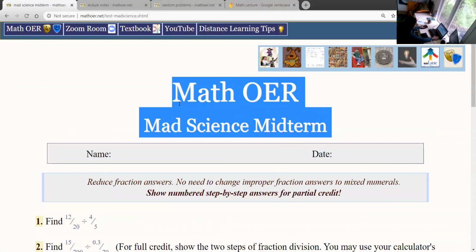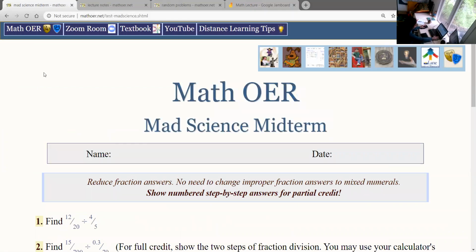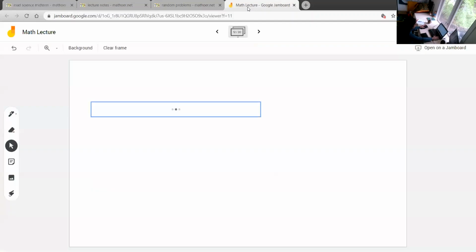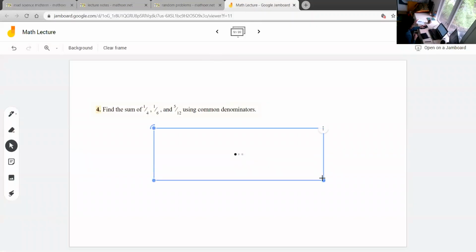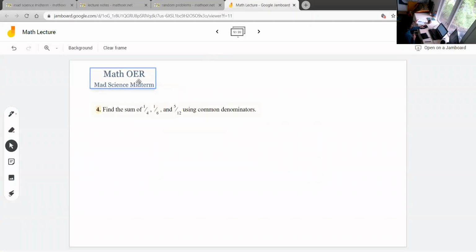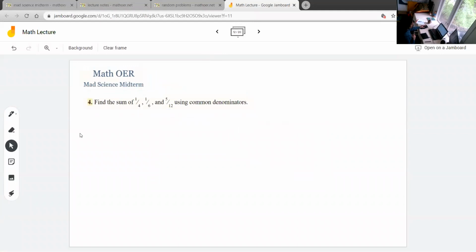Oops, that's not what I want. I don't want highlight, I want box. Here we go. Okay, I have a quarter and 1/6 and 5/12.